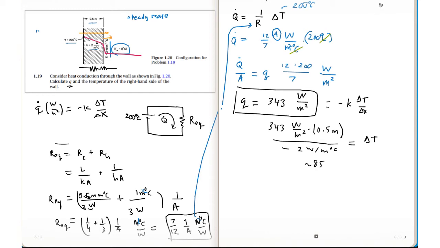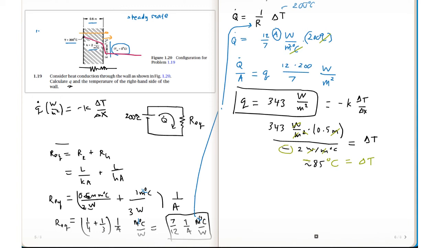And now I'm going to deal with the units. It's late at night, so I'm a little bit tired. One of these meters goes with that one. We lose the watts, and then this degree C is divided by degree C, so that becomes degree C equals delta T. Notice I've lost my negative sign.